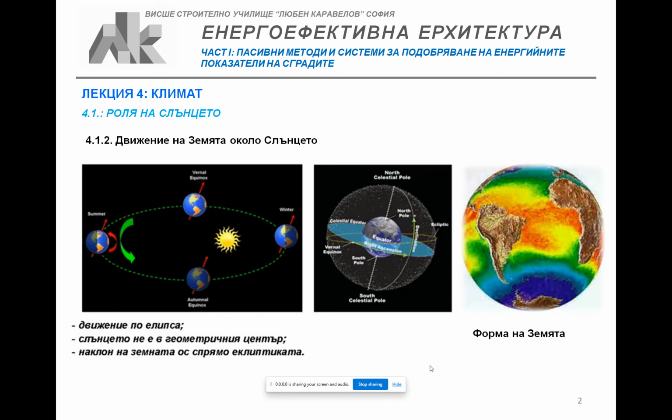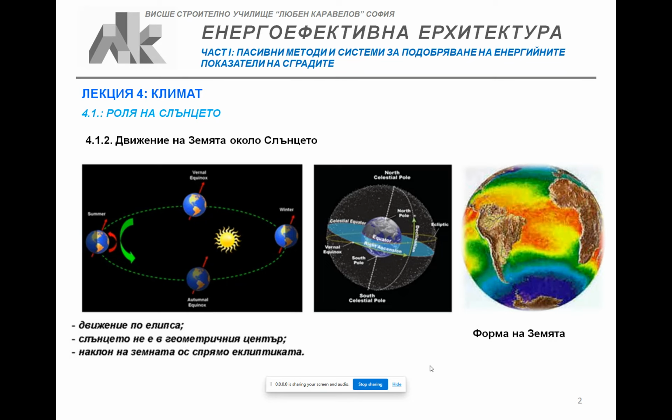There are three factors that influence the forming of the climate changes on Earth. The first is that the Earth circles around the Sun in an ellipse, not in a complete circle, and that the Sun is not exactly in the center of that ellipse, but slightly tilted to one side.